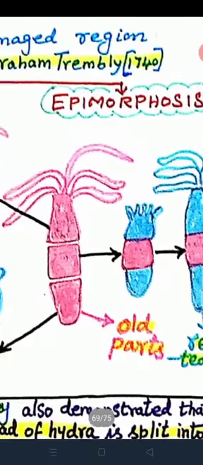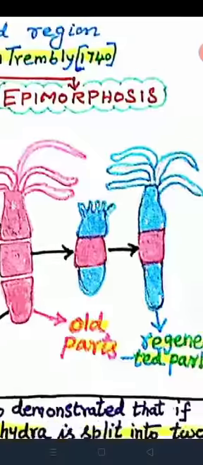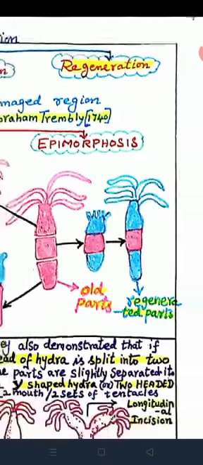Pink is the older, blue is the newer fragment. Mind it. And what about the middle piece? See the picture. A middle piece of the body regenerates both a head and a pedal disc or basal disc in the same polarity. A small Hydra will grow after feeding.